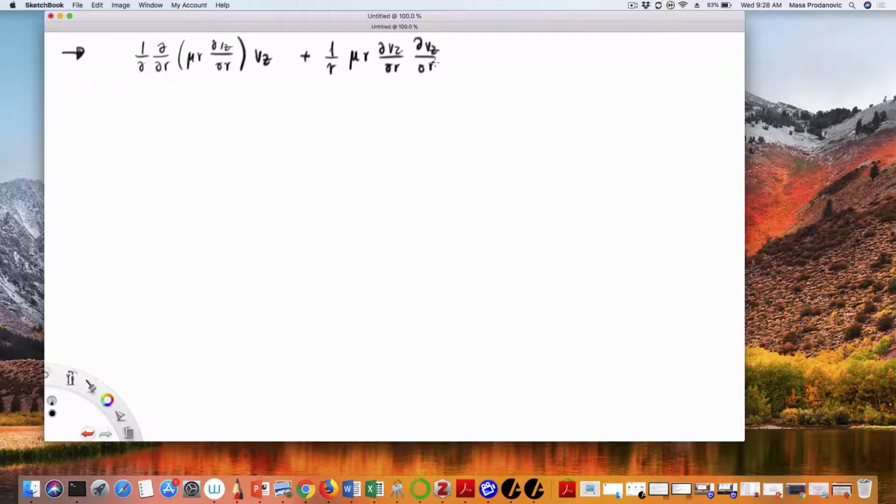Then I had the partial derivative of that part first times Vz, and then this coupled portion times the partial derivative of Vz. Plus 1 over r. I'm just going to keep this as is.